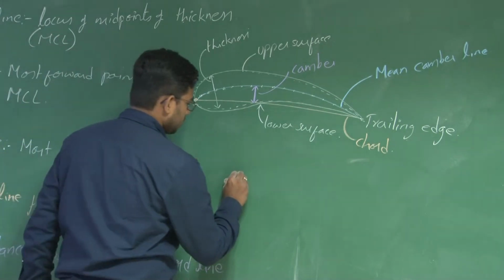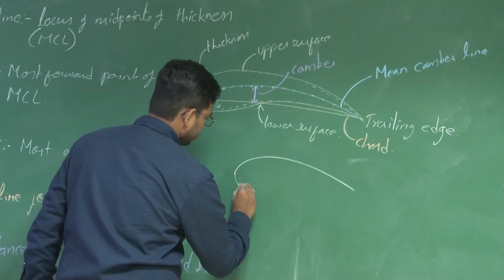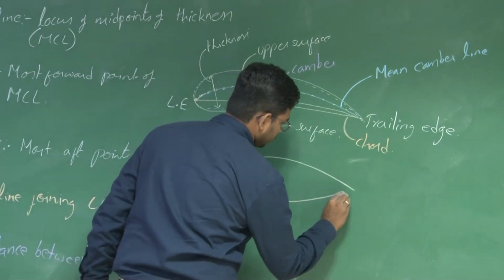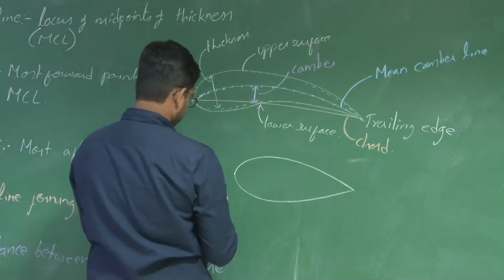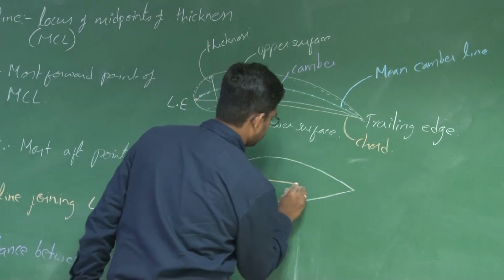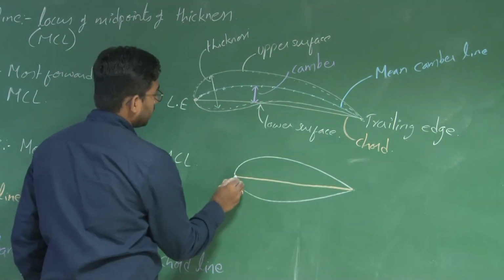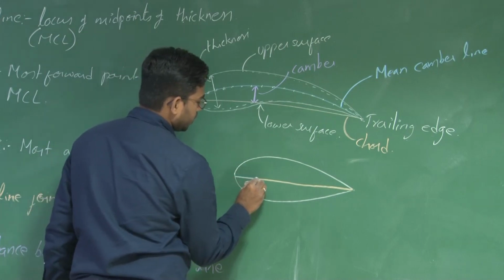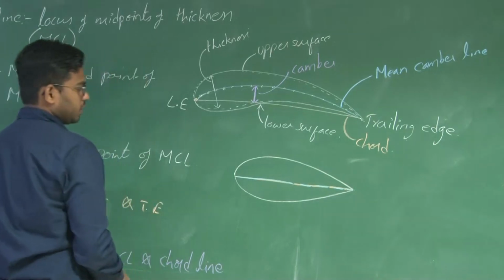So in that case, this is how an aerofoil looks like. This is your chord line and this is your mean camber line. Both coincide with each other, right?